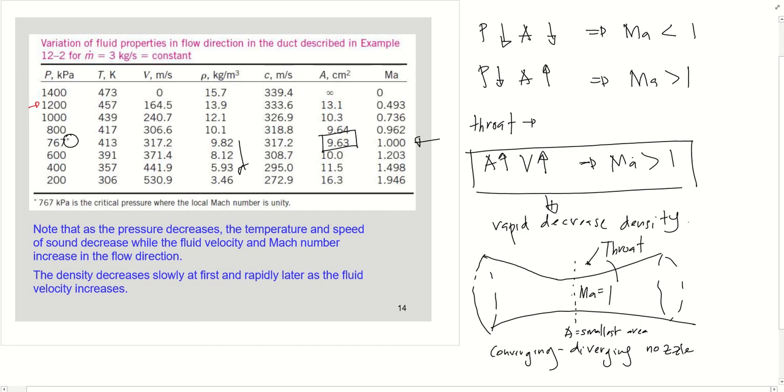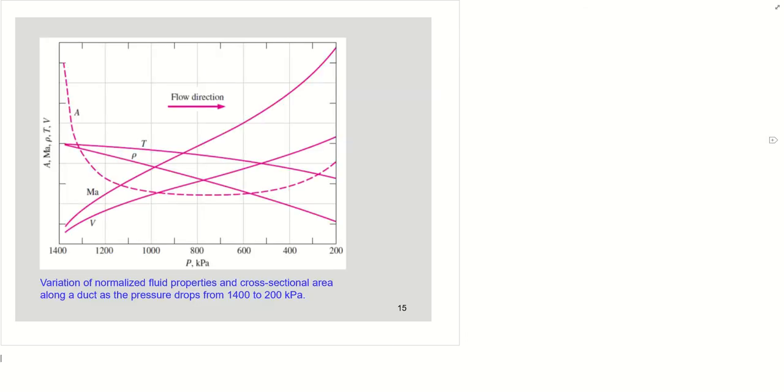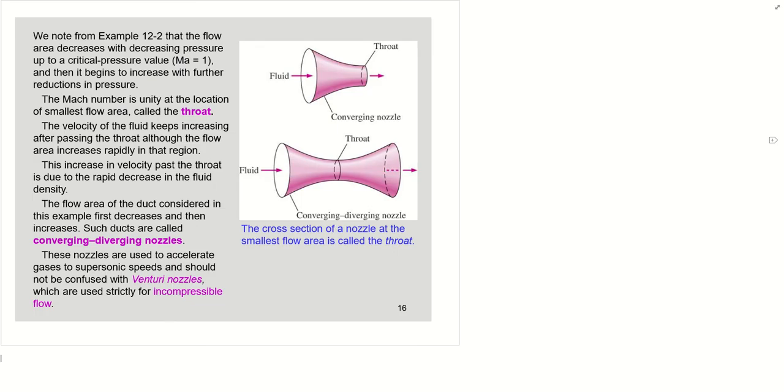So I think that's all for this time. You may read this explanation about the effect of area on Mach number after the critical Mach number or critical pressure.